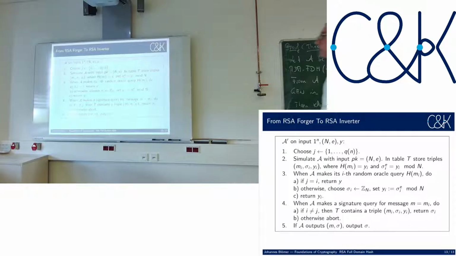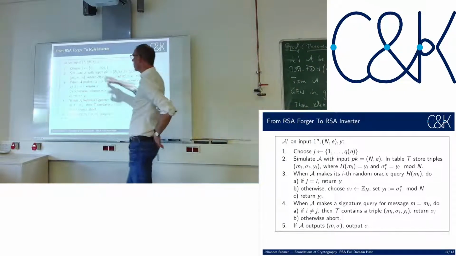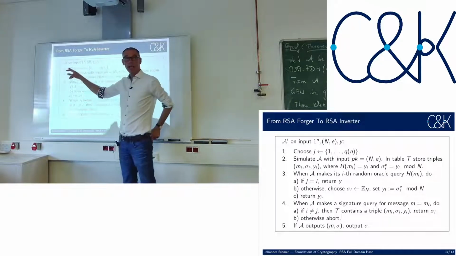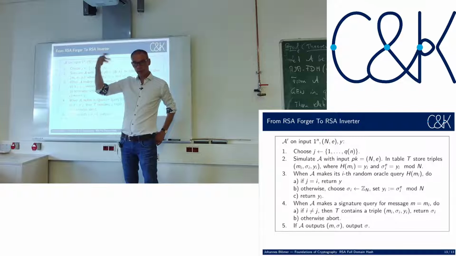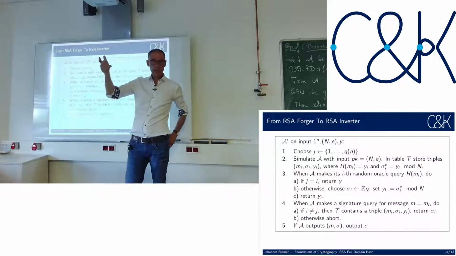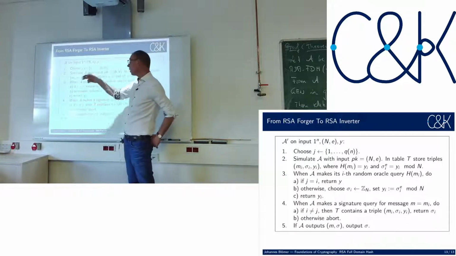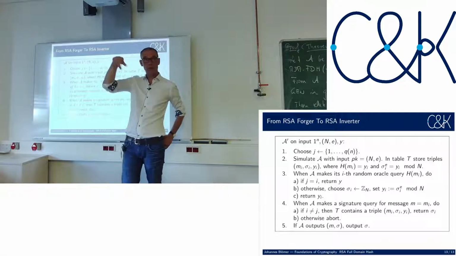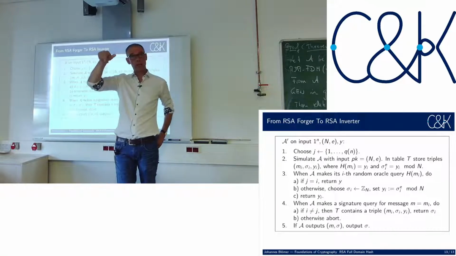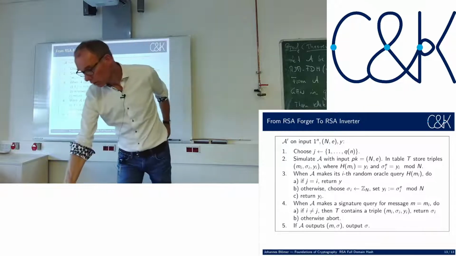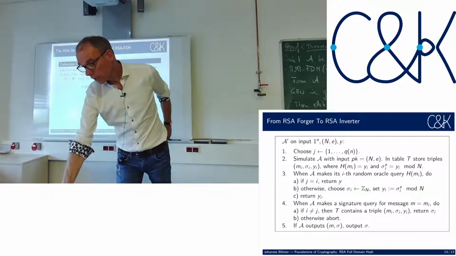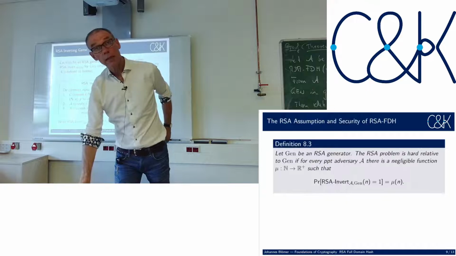A prime gets as input 1 to the n, n comma e, and y, where n comma e is chosen using the RSA generator that we are talking about, and y has been picked uniformly at random from Zn, once n has been fixed. That's the definition of our game here.